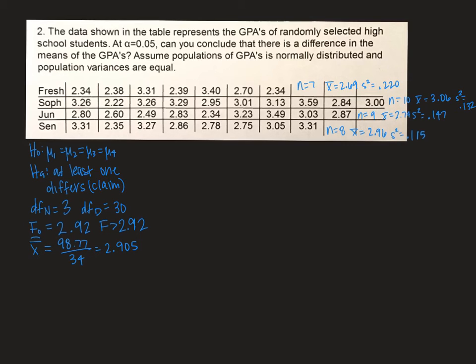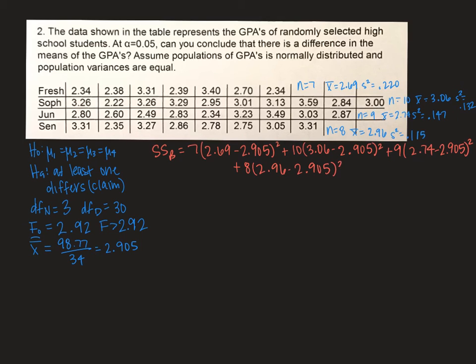So now we start the tedious work. So when we do SSB, we've got 7 times 2.69 minus 2.905 squared, plus 10 times 3.06 minus 2.905 squared, plus 9 times 2.74 minus 2.905 squared, plus 8 times 2.96 minus 2.905 squared.